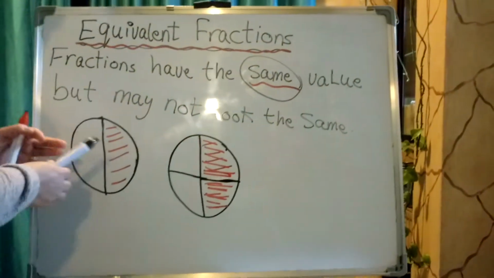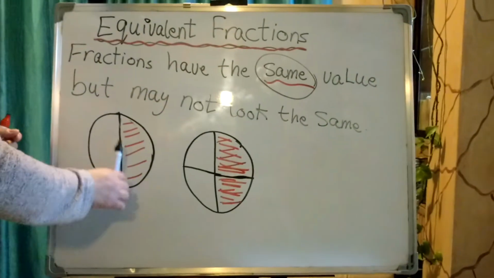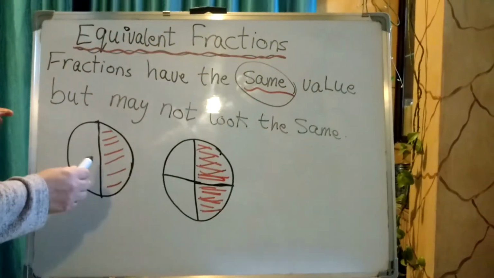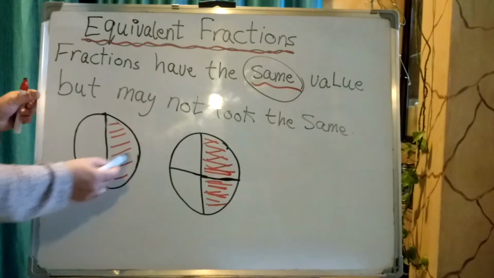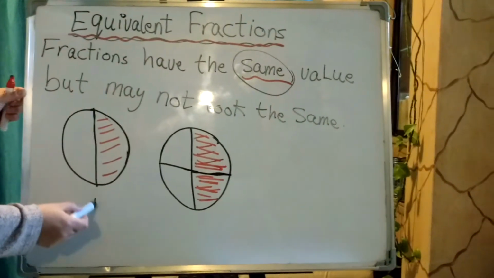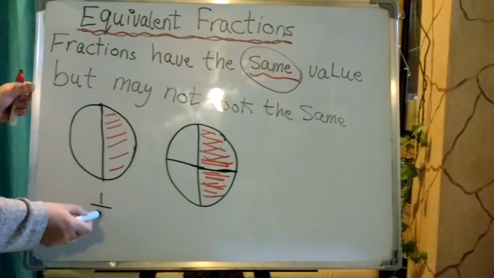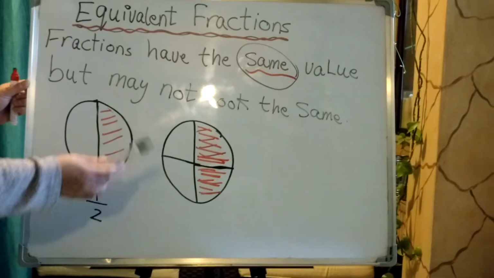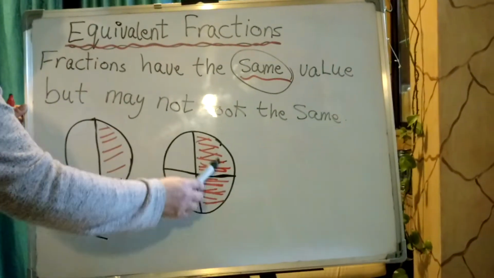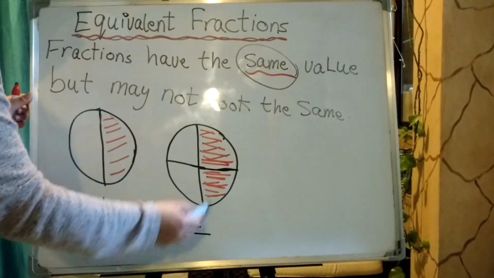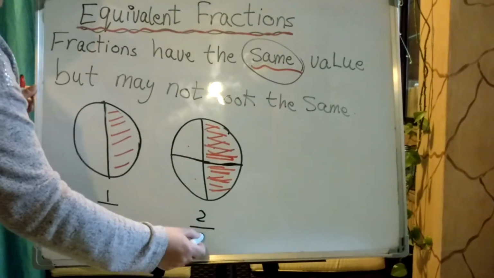For example, here if we have this circle divided in two parts, we can represent the shaded part as 1 out of 2, 1/2. And here you have 2 out of 1, 2, 3, 4, 2/4.